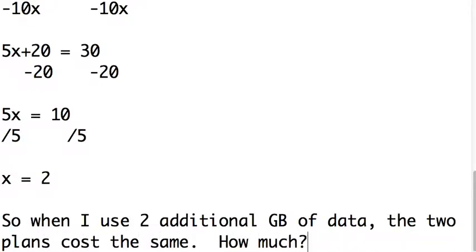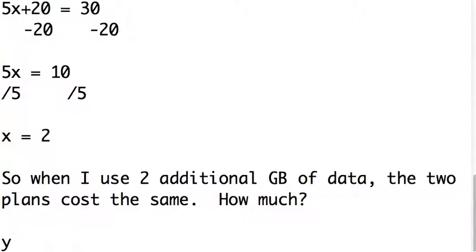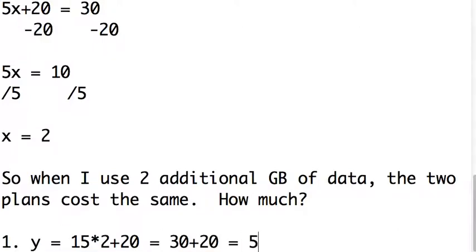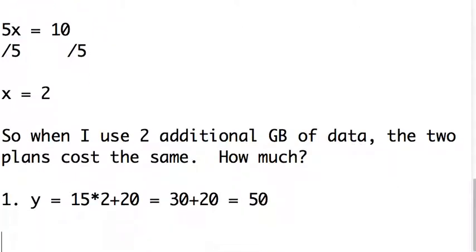Well, I can use either equation. Let's use the first equation. y is equal to $15 times 2 gigabytes plus the $20 that I initially spent, which is 30 plus 20, which is 50. Great, I'm spending $50. If I use the second equation, it would be $10 times the 2 extra gigabytes plus $30, which is 20 plus 30, which is 50.